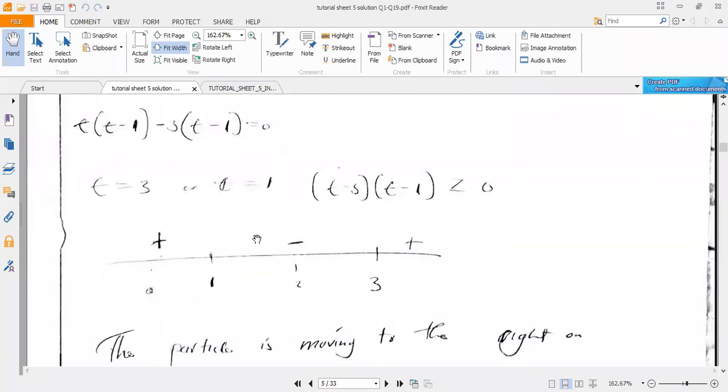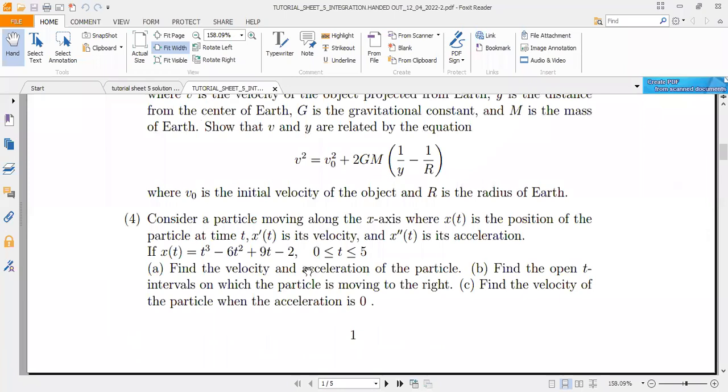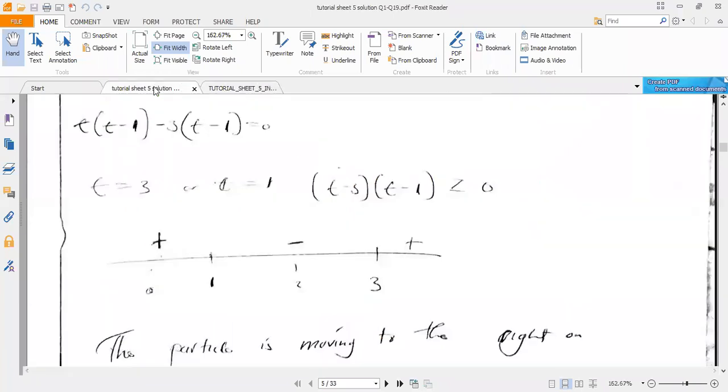Then you're going to find the interval, because here it's asking us to find the t intervals on which the particle is moving, where this thing is increasing or decreasing. So this is increasing from 1 going down, and also increasing from 3 going up.